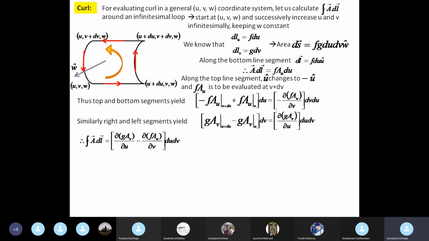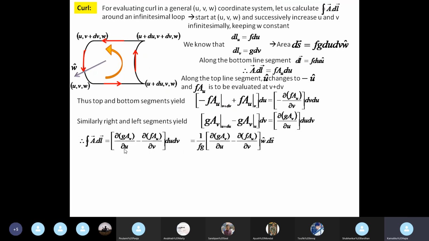Okay. So when you move about this closed curve, starting from (U, V, W) and coming back to (U, V, W), the change in A will be [∂/∂U of (G A_V) minus ∂/∂V of (F A_U)] dU dV.